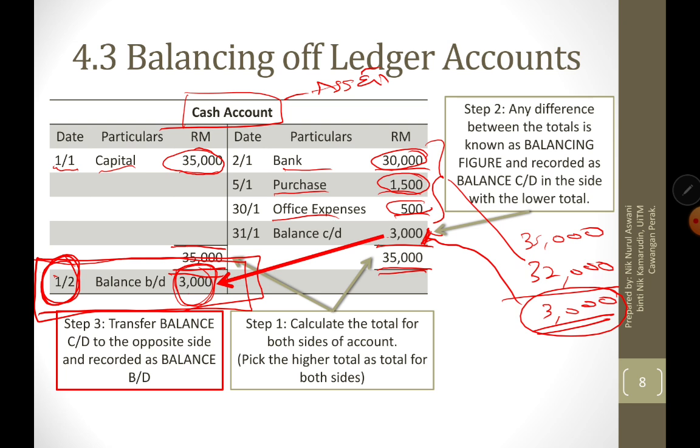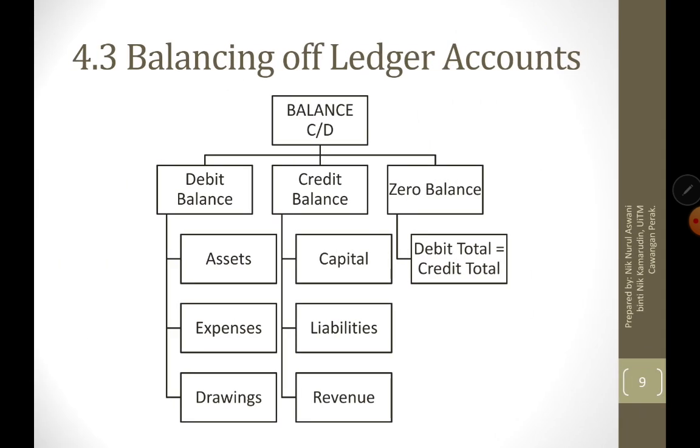So assets, expenses and drawing will have a debit balance, while capital, liabilities and revenue will have a credit balance. On the other hand, we will have a zero balance if the account is balanced, meaning no balance, the account will close off.